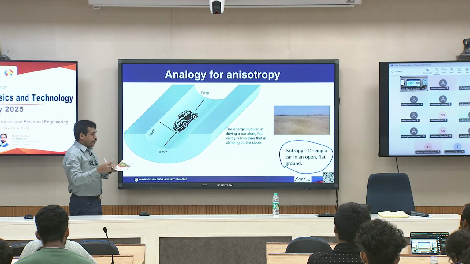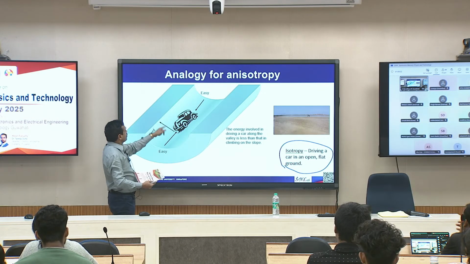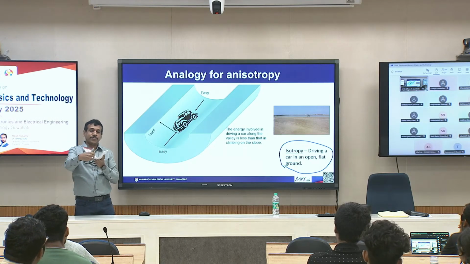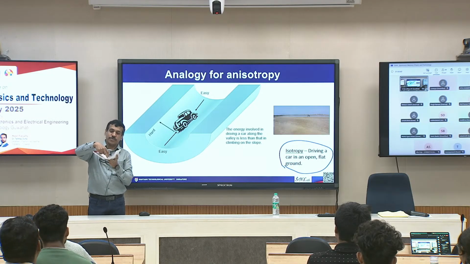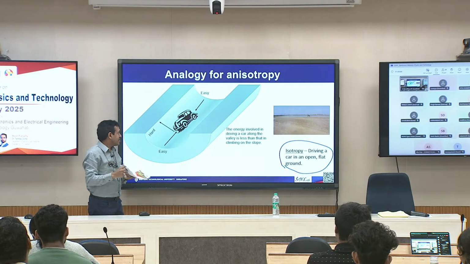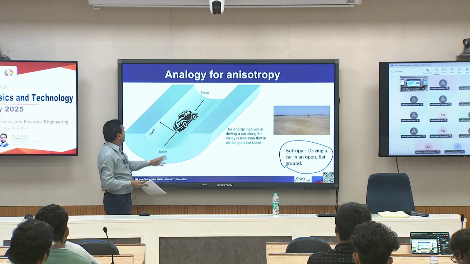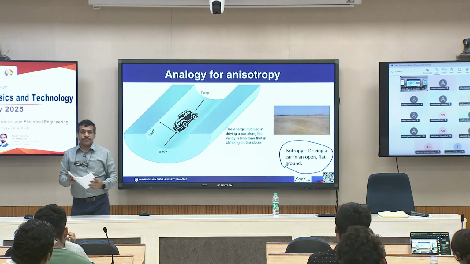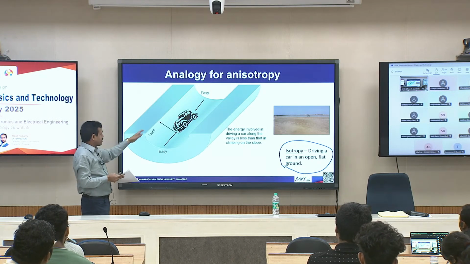Okay. So, you will find one of the directions to be difficult. So, this is hard, this will be easy. Okay. So, here you press 1000 rpm acceleration, you can just move, but here maybe you need 2000 rpm in the first gear and so on. You will find it hard here, easy here. Okay. So, you can say this kind of road is anisotropic. Okay. So, you find it different in different directions.